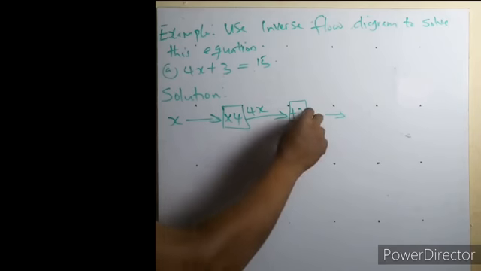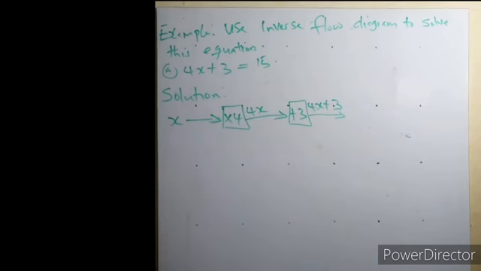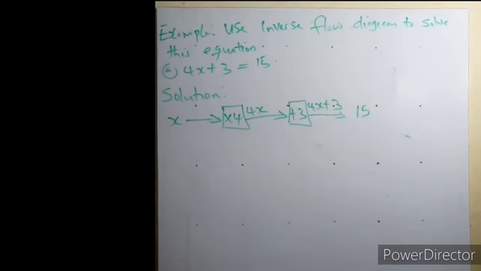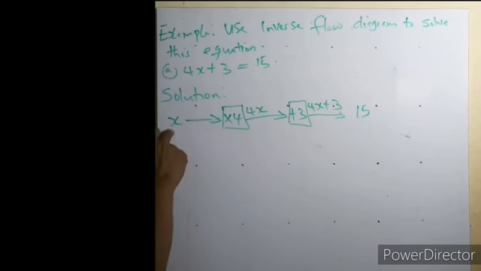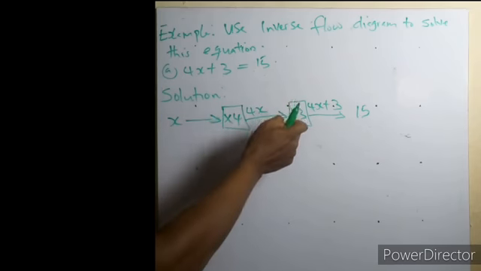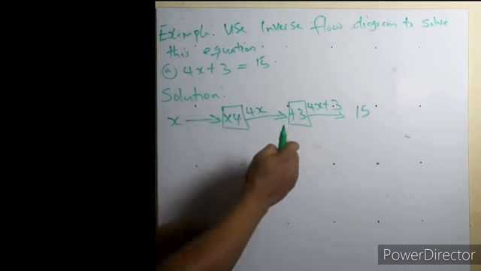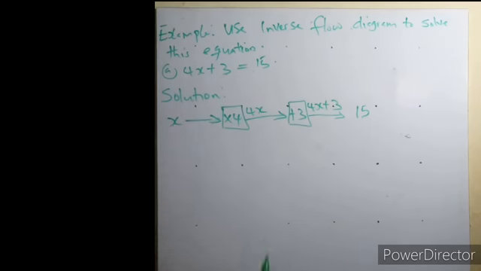What will I have up here? Then I have 4x plus 3. Then what will be the final answer? 15. Did everybody get what I just did? I multiplied x with 4, I have my 4x, then I add 3. All that I am doing, I put in boxes. My answer is up here, which is 15.